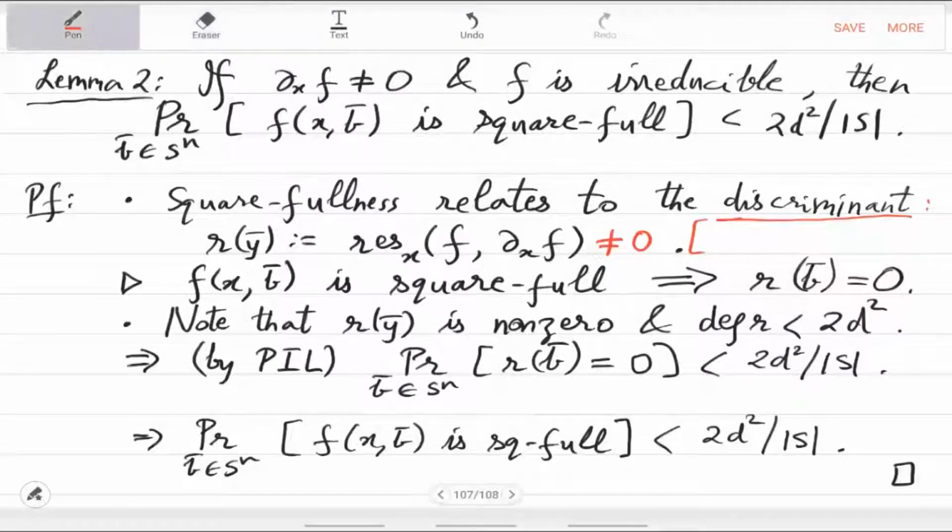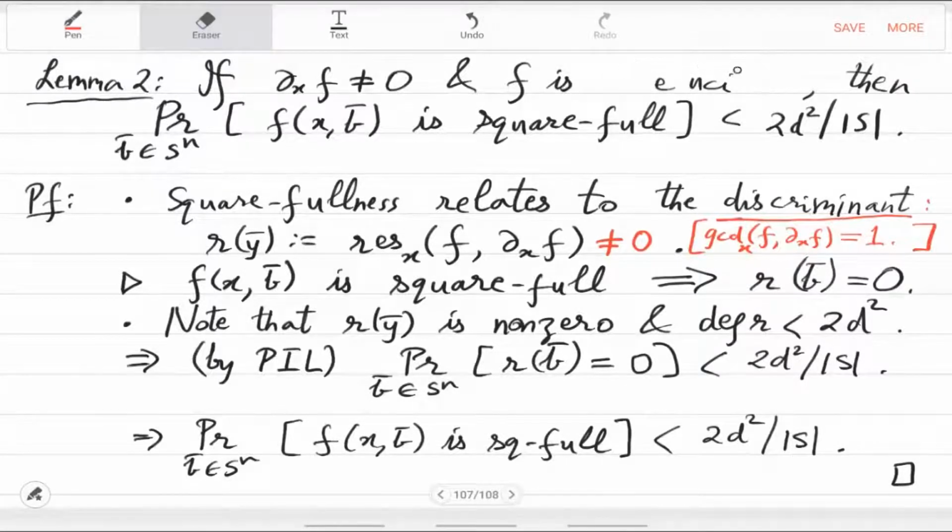The reason why this was non-zero is because the GCD of f and the derivative with respect to x is 1. This is true if you assume f to be square free.